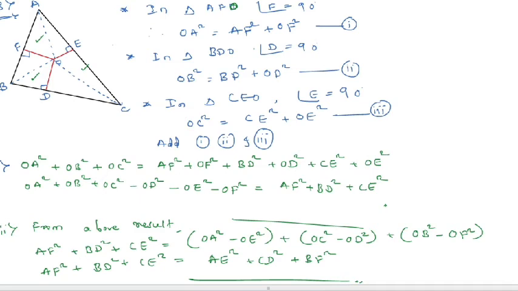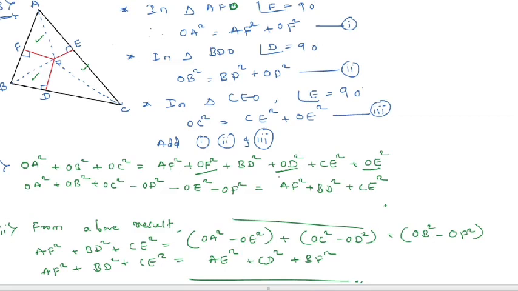So, OA square, OB square, OC square as it is. Now, shift these terms. This OD comes here, it becomes minus. OE comes here, it becomes minus. OF comes here, it becomes minus. What remains? AF square, BD square, CE square remains. It is proved, first one.